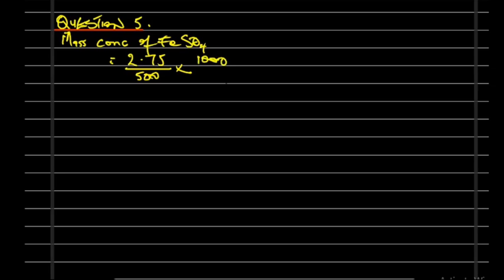So that is giving us 5.5 grams per dm cube. That is what we have there.